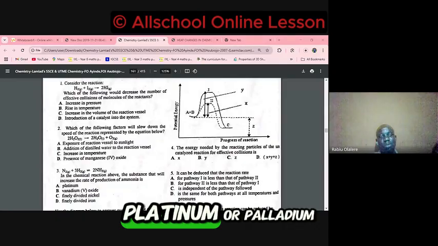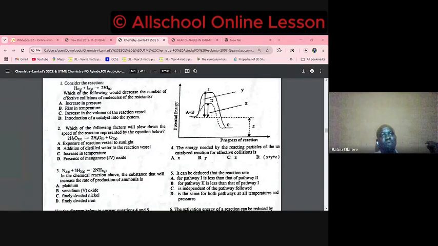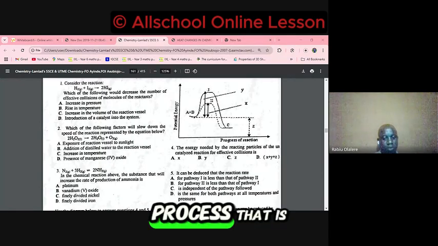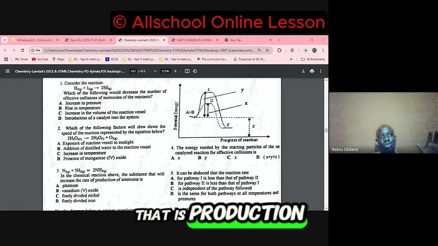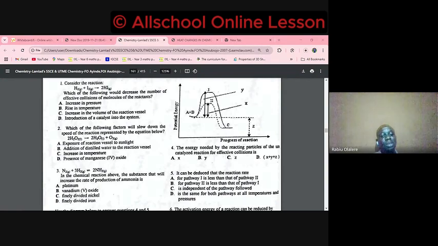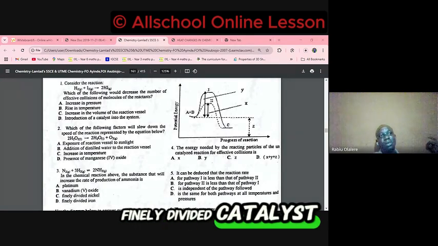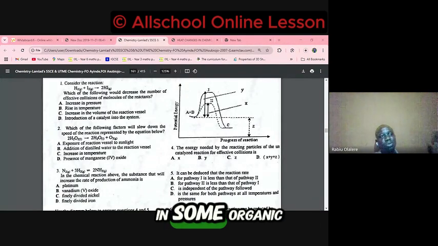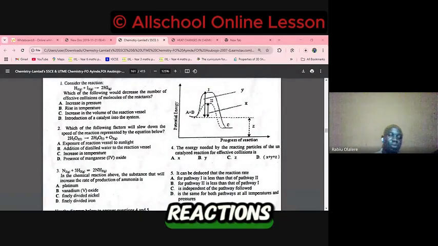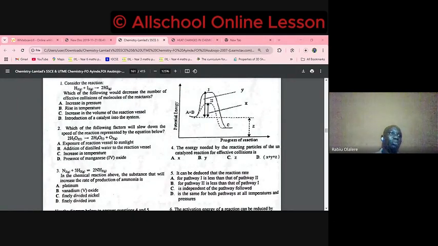You can use platinum or palladium. Vanadium(V) oxide, that is V2O5, is the catalyst in the contact process, that is production of H2SO4. Finely divided nickel can be used as catalyst in some organic reactions, maybe like dehydrogenation.